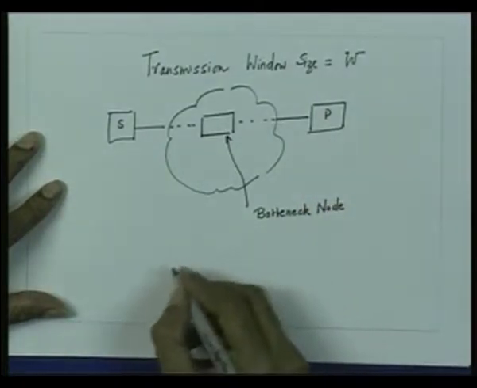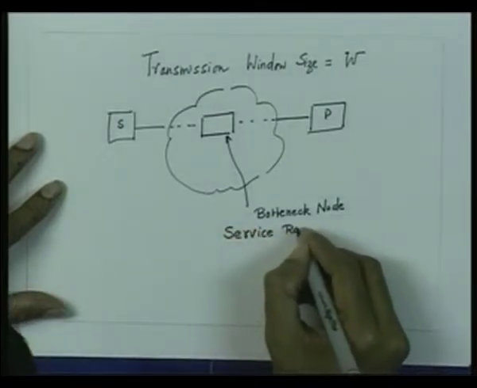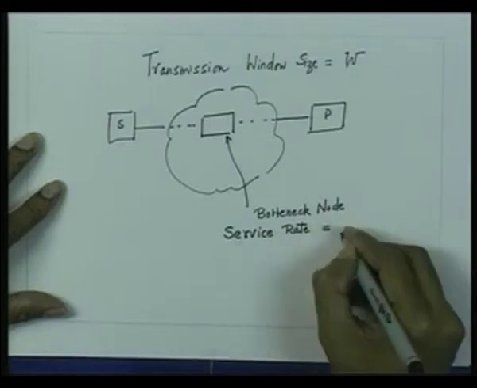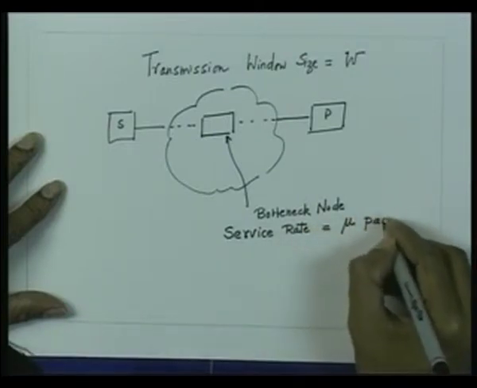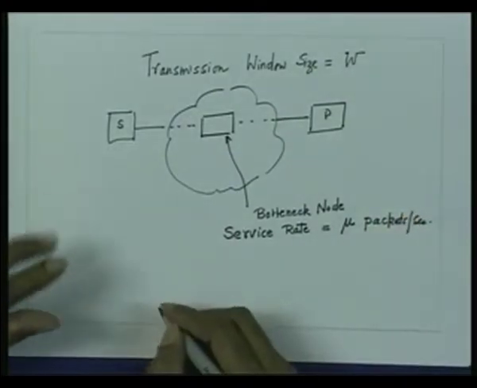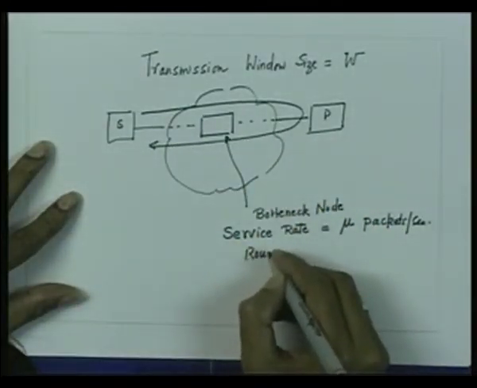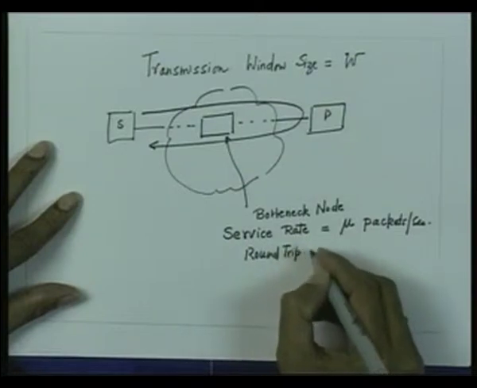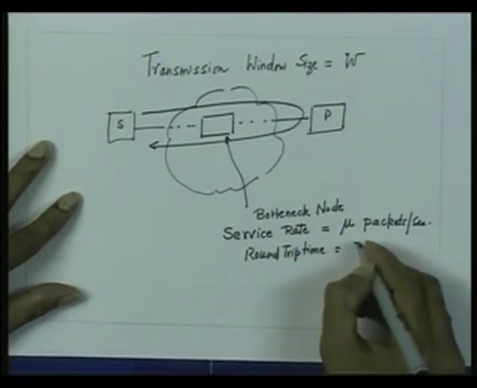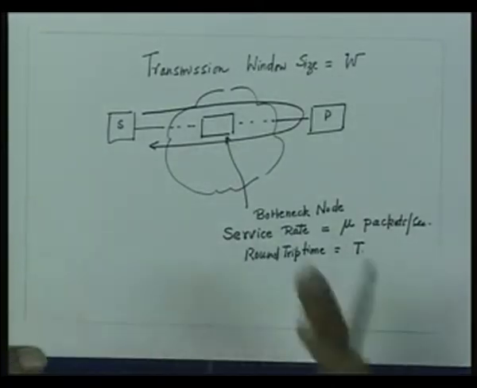Let us say the bottleneck node service rate is mu packets per second. And let us assume that the round trip time from the source to the destination is T seconds.